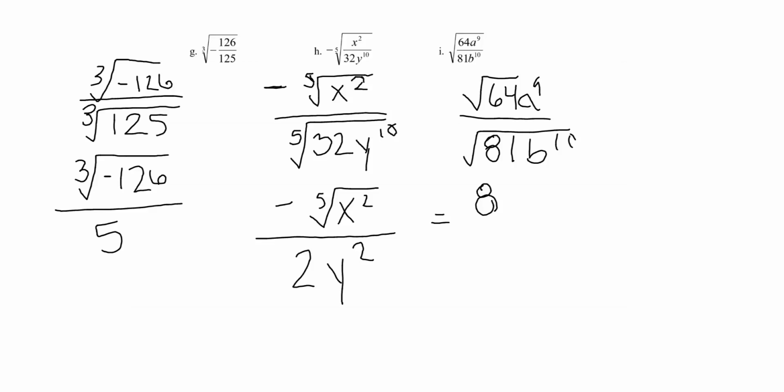I also know that 2 goes into 9 4 times, so I'm going to have a to the 4th. But I still have one a left over, so I'm going to have the square root of a here. Can't do any more with that. On the bottom, the square root of 81 is 9. 2 goes into 10 5 times, so we have b to the 5th power. And that's my final answer there.